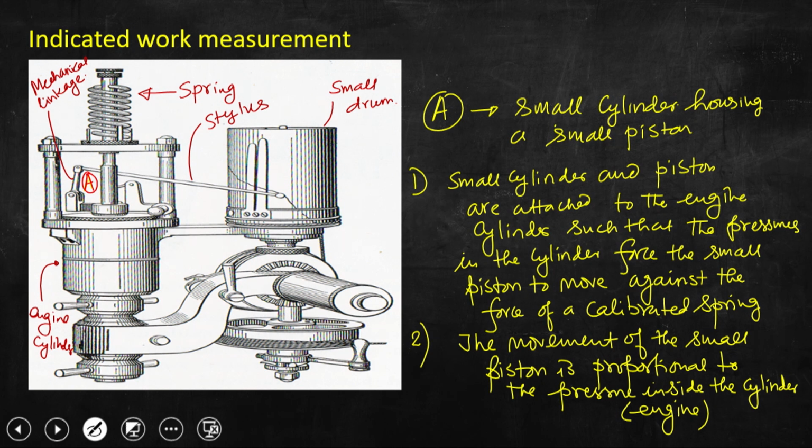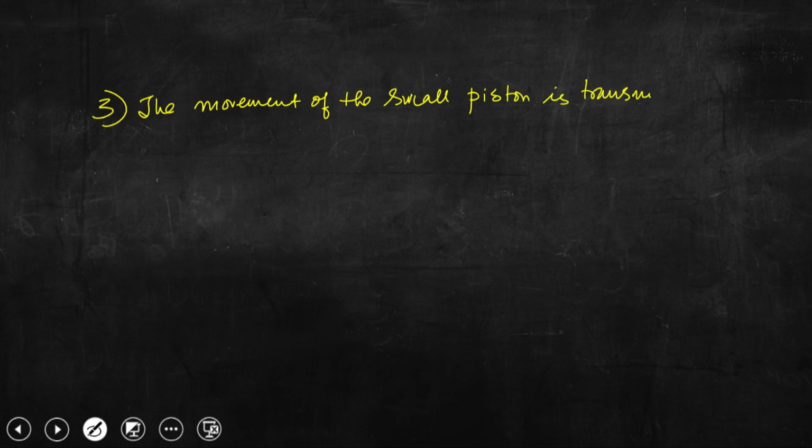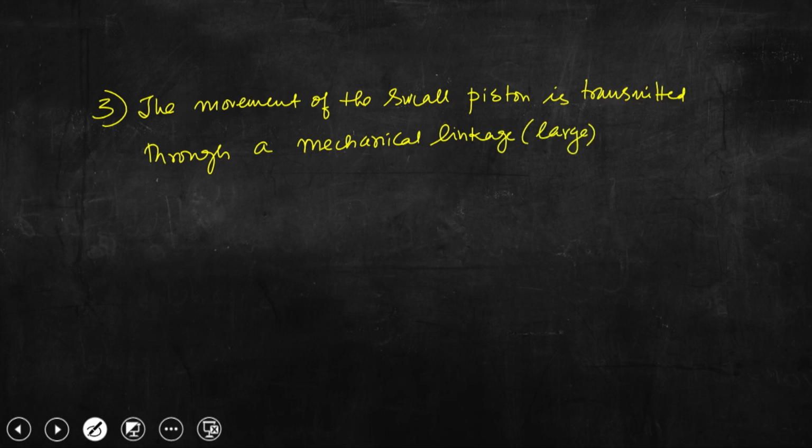So, number 3, the movement of this small piston is transmitted through a large mechanical linkage to a stylus, right.